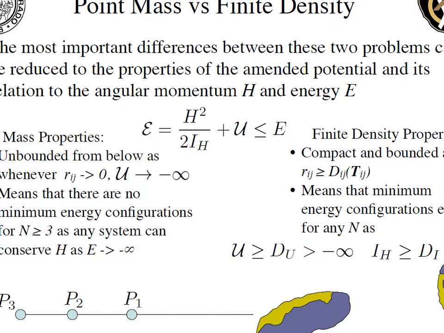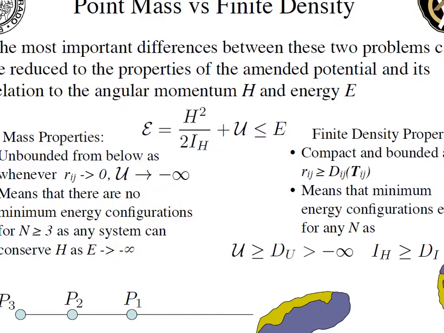One other view of this problem, and again, the most important differences between these two problems can really just be reduced to the properties of the amended potential and its relationship to the angular momentum and energy. For the point mass problem, the amended potential is unbounded from below, as whenever any two particles get arbitrarily close to each other, of course, the energy goes off to minus infinity.